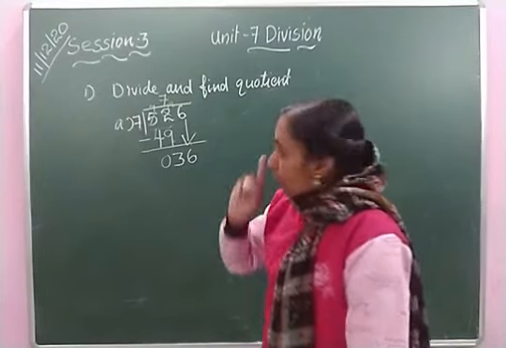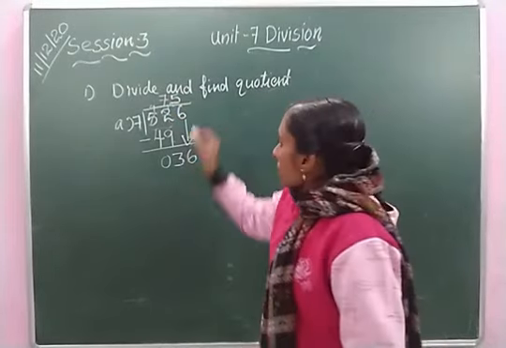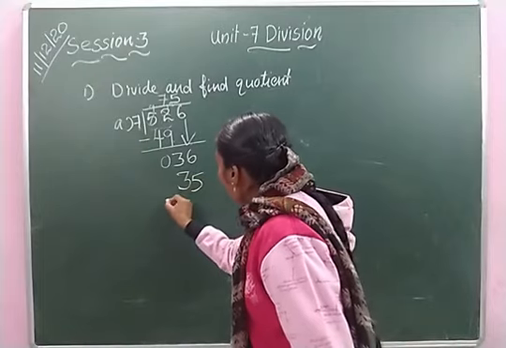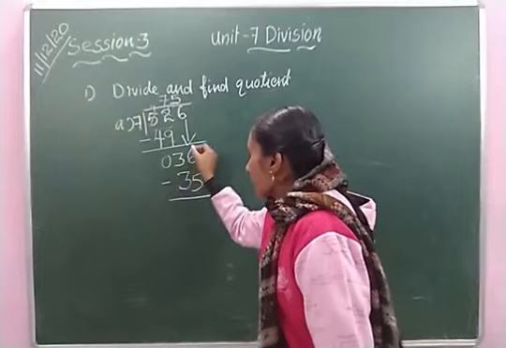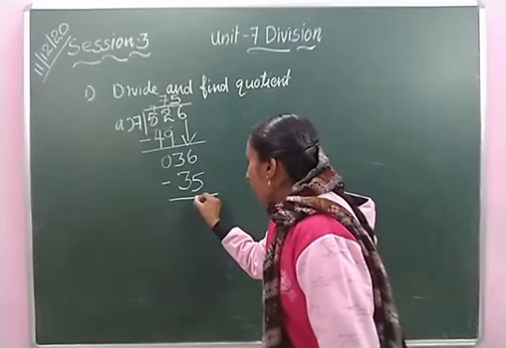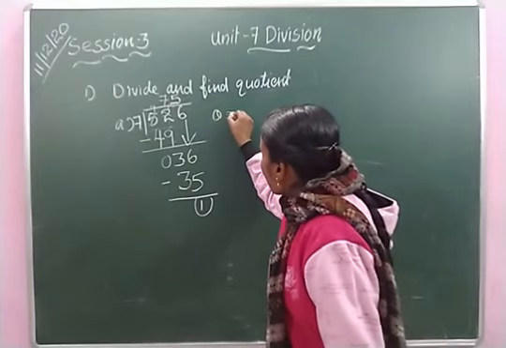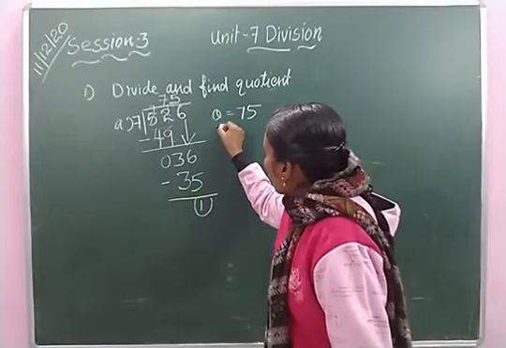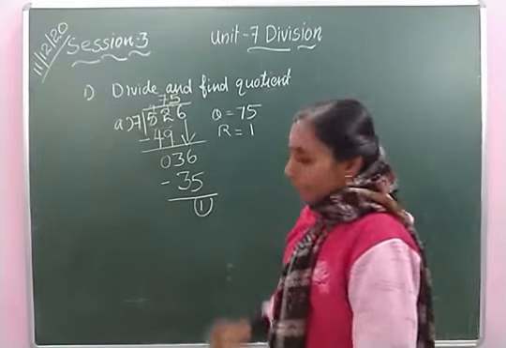How many times? 5 times. Write that 5. 7 5s are 35. Then the next step is subtraction: 36 minus 35 is 1. Now we have got quotient equal to 75 and remainder equal to 1. Is it clear?